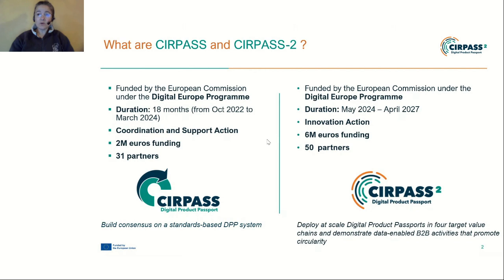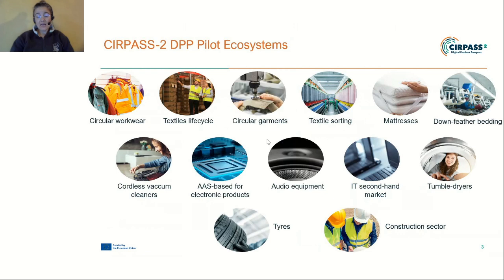And basically, what we try to do is we try to support the European Commission in building consensus on a standards-based DPP system. And now Surpass 2 is deploying digital product passports at scale in 4 target value chains to demonstrate data-enabled B2B activities that promote circular economy.